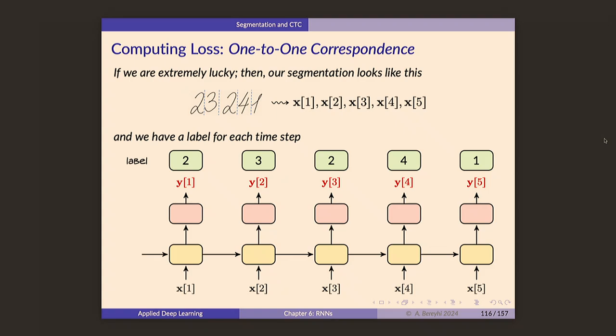But the issue is that you're not dealing with a single number. You deal with a sequence of numbers in your image, and you don't really know how exactly you're going to segment this because you just have the text written, right?